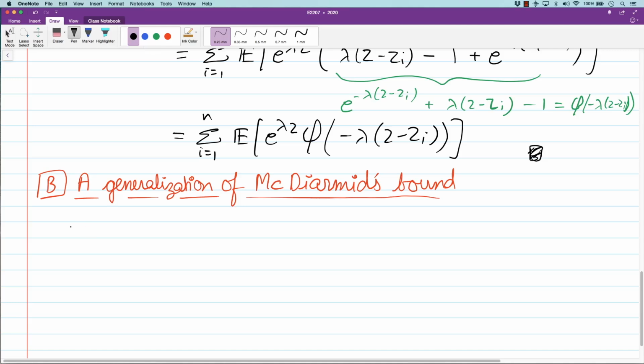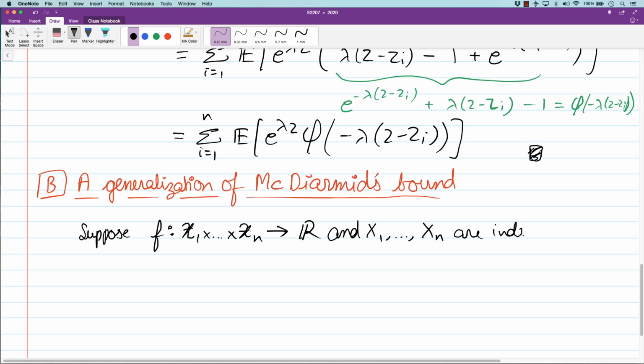Before we proceed, we note a property of this function phi that will be used in this bound. But maybe we state the bound first. So suppose f is a function from, let's say, it need not be IID, so I'll say x1 to xn to R, and x1 to xn are independent.